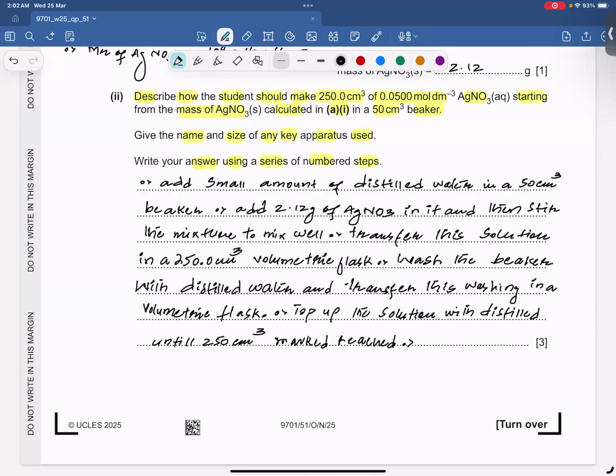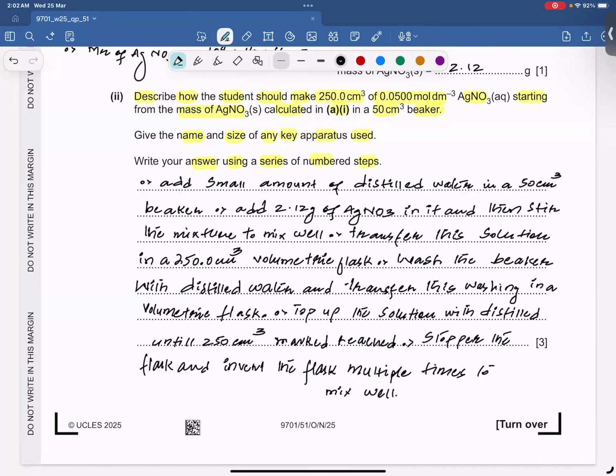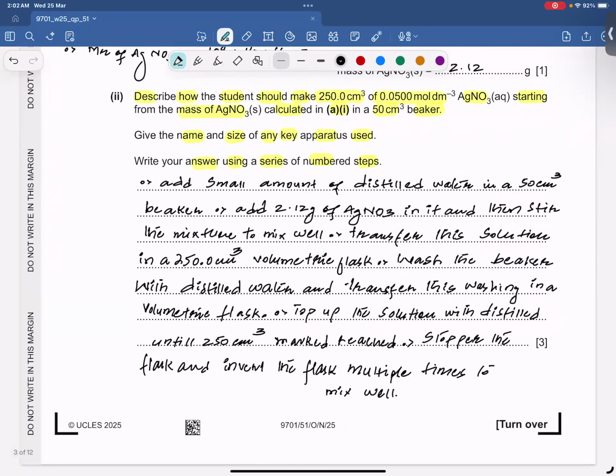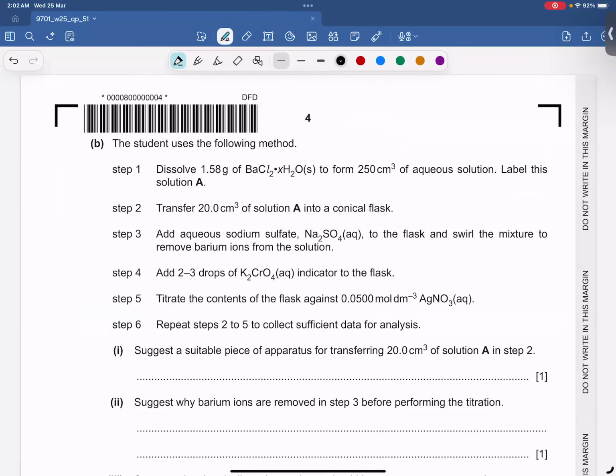Now the next point is: stopper the flask and invert the flask multiple times to mix well. Okay. So that's the end of, I believe, A part 2. Let's move on to the next page. That's the method.